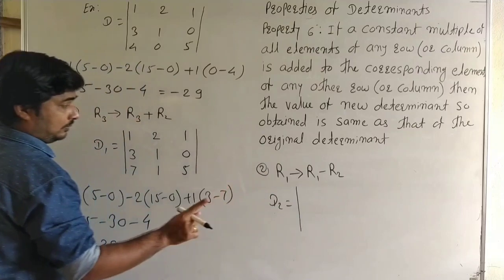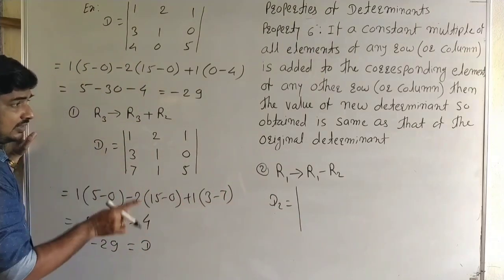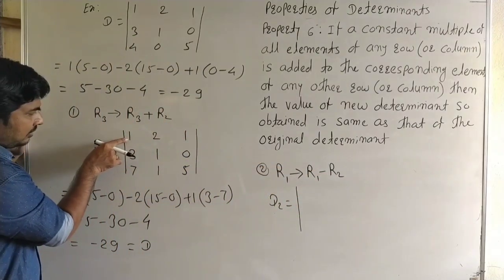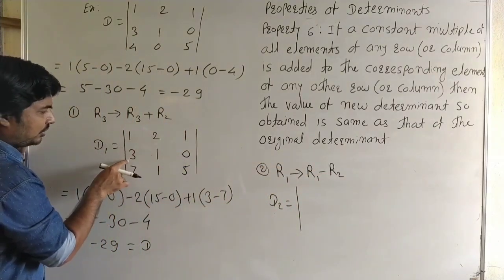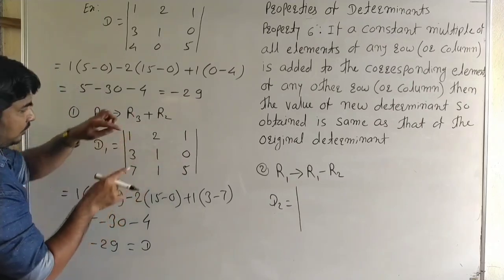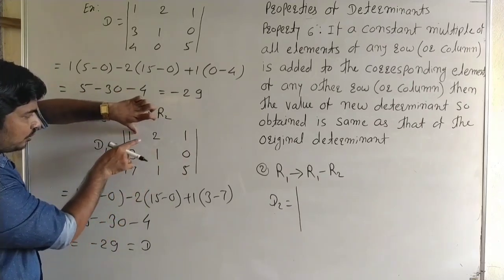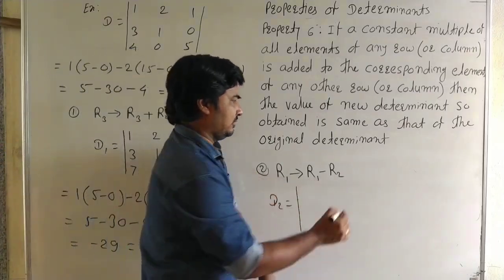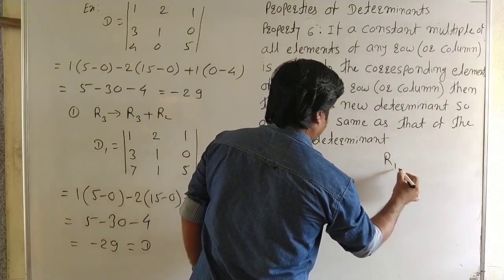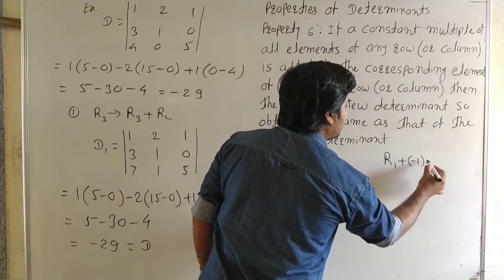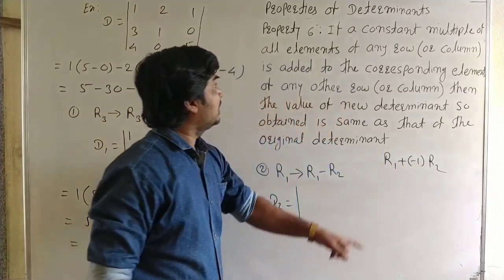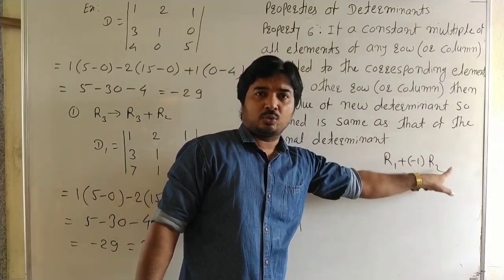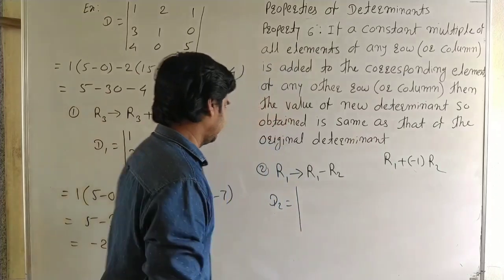We change R1, while R2 and R3 stay as they are. R1 is replaced by R1 minus R2, where R1 is 1 2 1 and R2 is 3 1 0. See carefully, R1 minus R2 is subtraction of the corresponding elements. It is also addition: R1 plus minus 1 into R2, which is the constant multiple, here the constant is minus 1, multiplied by R2 and added into R1.